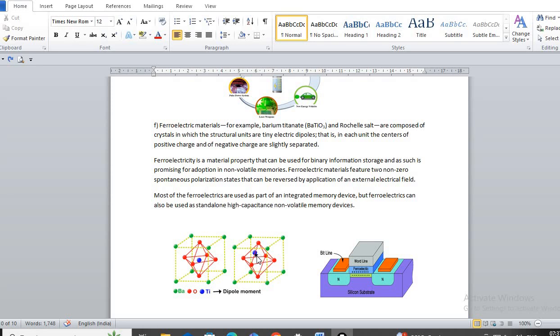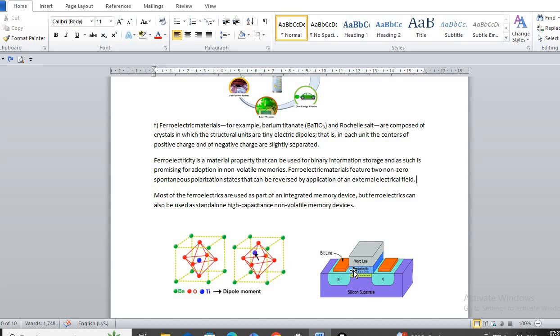Now this type of ferroelectric material can be used for memory devices. As you are using computers, laptops, mobiles, there will be some memory devices. The ferroelectric materials are very reliable materials for this type of thing. So you can see a MOS transistor, where in the channel region the ferroelectric materials were used.